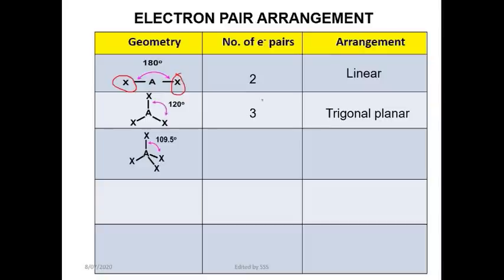For AX4 with bond angle 109.5 degrees, the number of electron pairs is 4, and the arrangement we call tetrahedral.